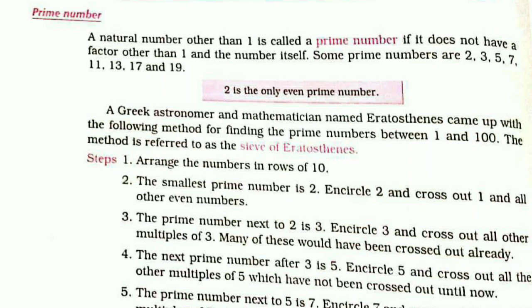Now 2 onwards all the numbers have two factors for sure, 1 and the number itself. So from 2 onwards the number would be either prime or composite.